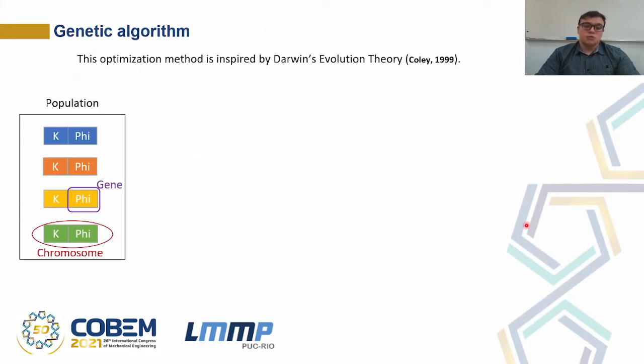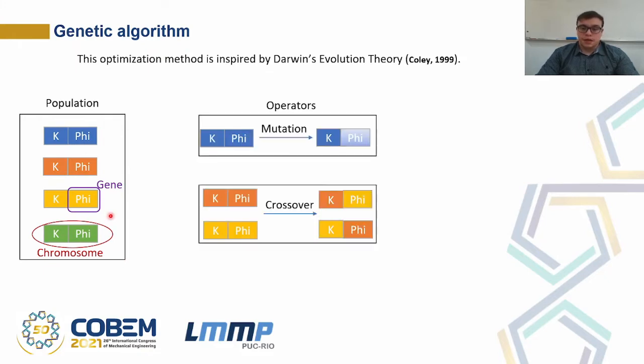The genetic algorithm is also an optimization method, and the population here is the ensemble of vectors of parameters. Each vector is a chromosome and each parameter is a gene. The operators of this method are the mutation, that randomly changes the value of one gene, and the crossover, that makes the combination of two chromosomes into new chromosomes.